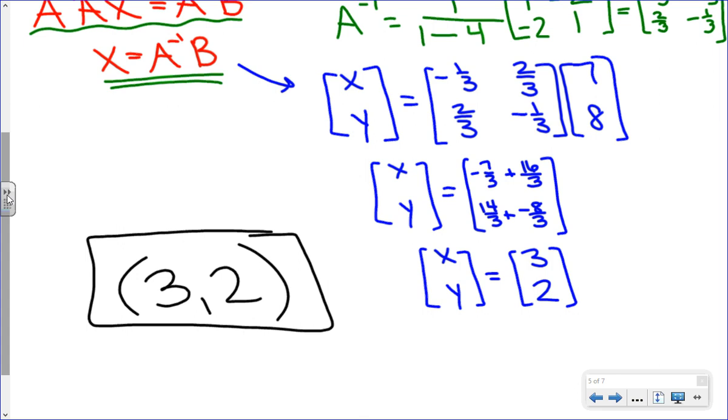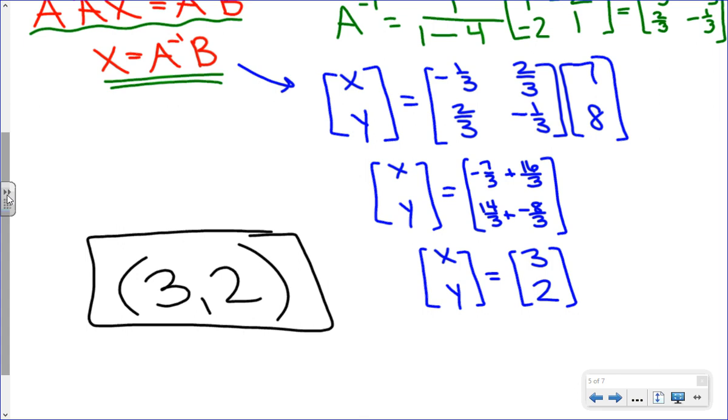So by using an inverse matrix, we can solve a system of equations. Now you have two ways a matrix can help you in solving systems of equations. We have an augmented matrix, and now we have a matrix equation, is what I'll call it.